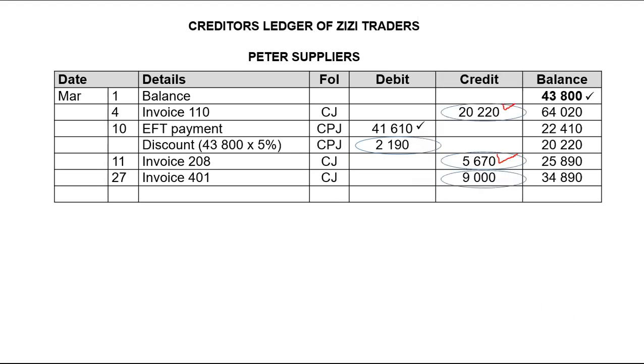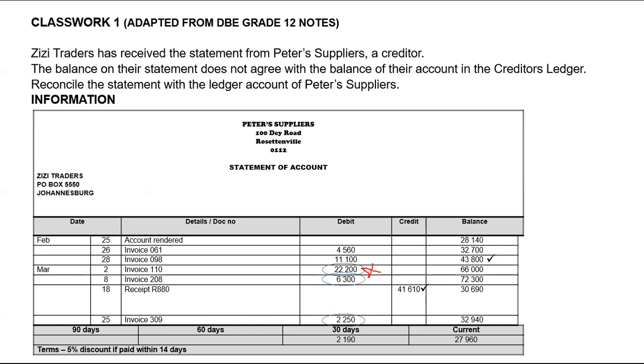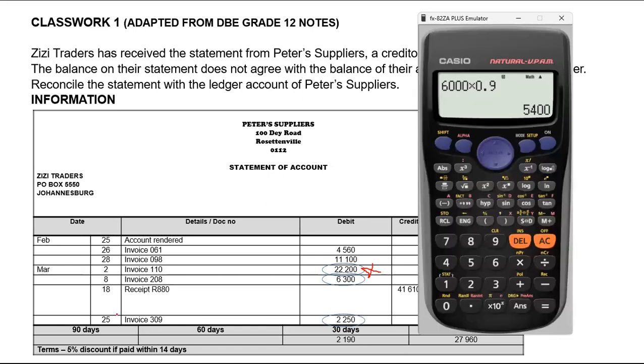Let me just confirm. It is 6,300. We bought goods worth 6,300 and they recorded it as 6,300 without deducting the trade discount. So basically they were supposed to have recorded 5,670. So this is wrong. That 6,300 is wrong.